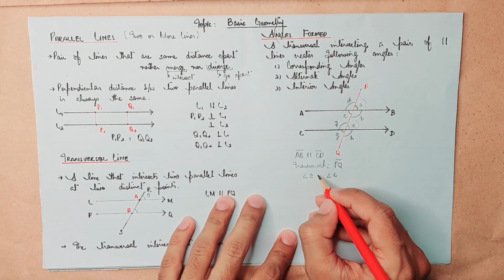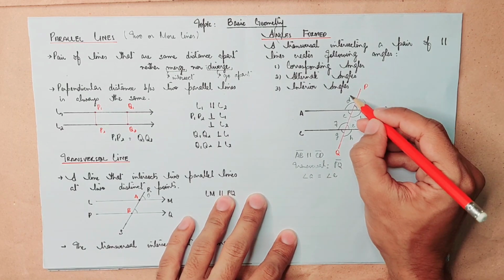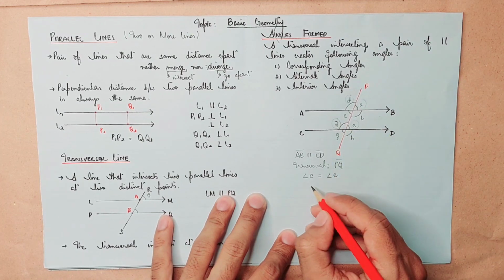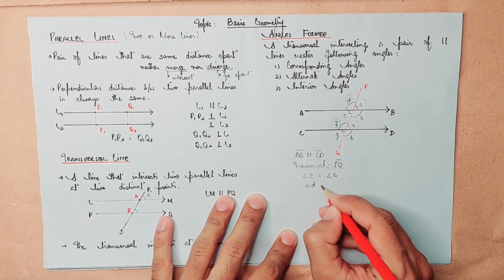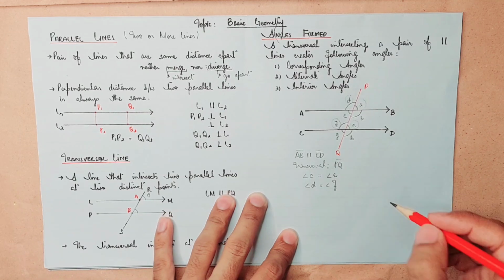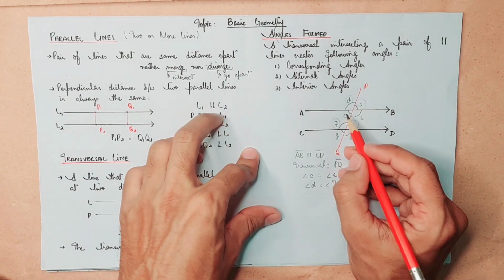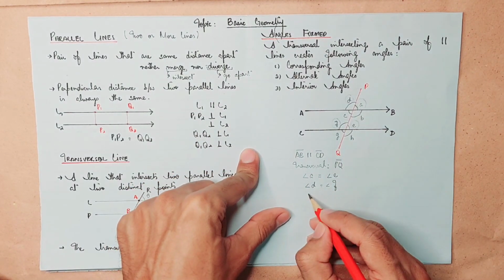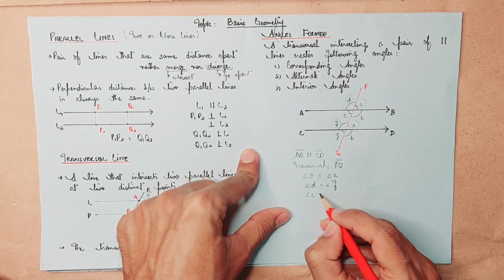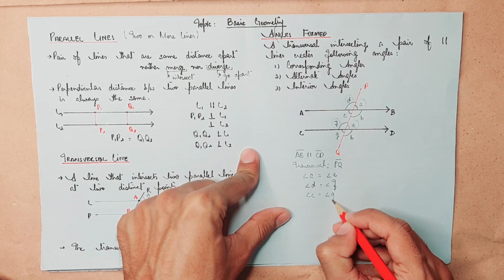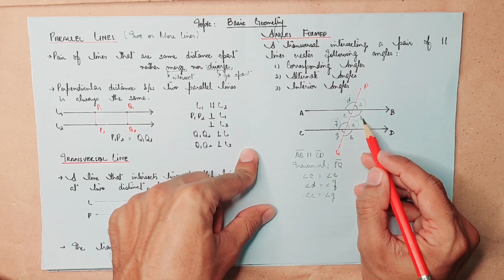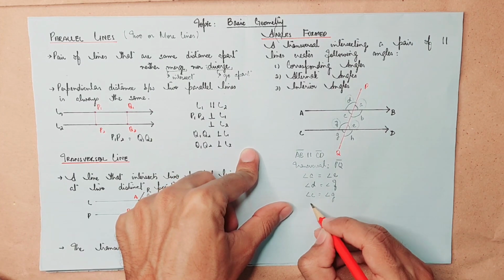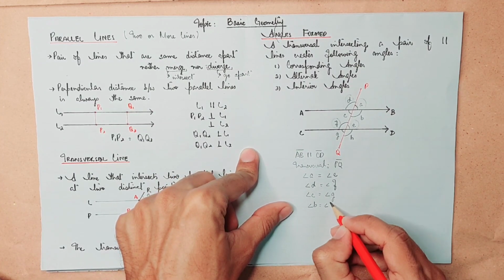So angle A is equal to angle E. Similarly, angle D is produced at the same relative position as angle F, so angle D is equal to angle F. In a similar way, angle C is at the same relative position as angle G, so angle C is equal to angle G. And angle B is at the same relative position as angle H, so angle B is equal to angle H.